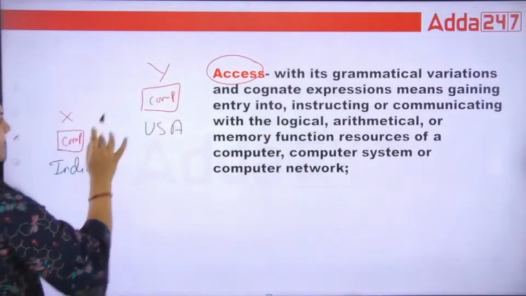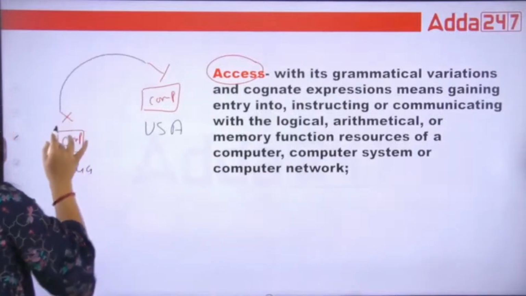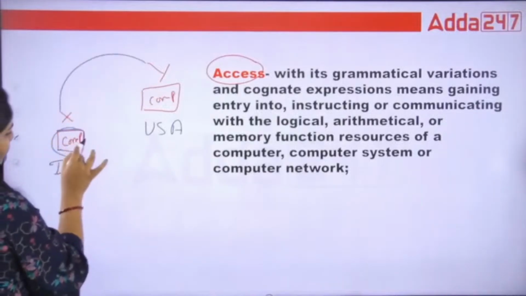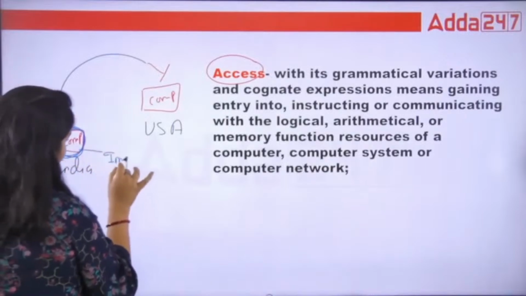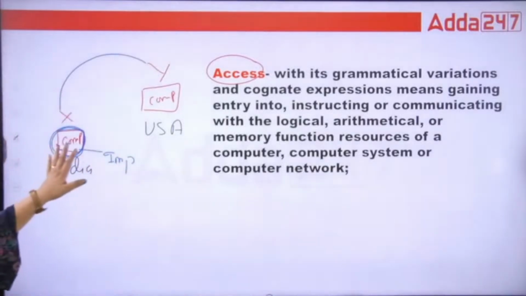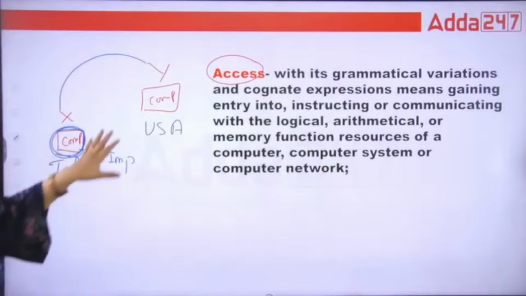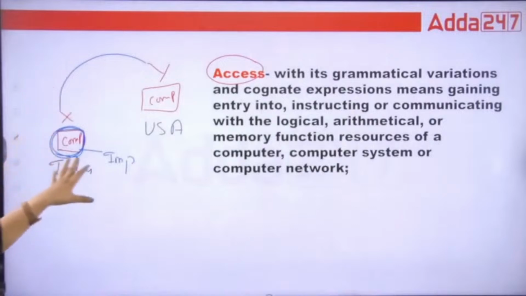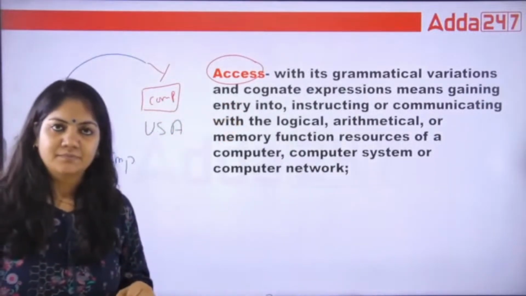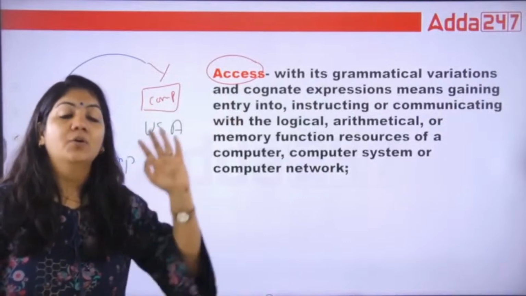So what he has done, Y person hacked the computer and stole all the important data that X person kept in his computer. The person who is staying in USA has access to the computer in India. So this is called access. It means how we can reach.